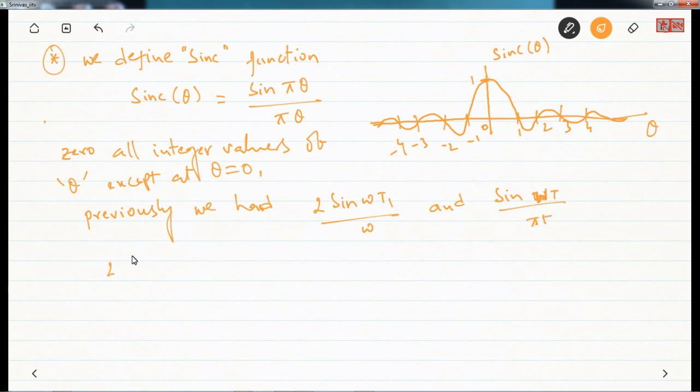So 2 sin(omega t1) by omega can be written as 2 t1 sinc(omega t1 divided by pi).